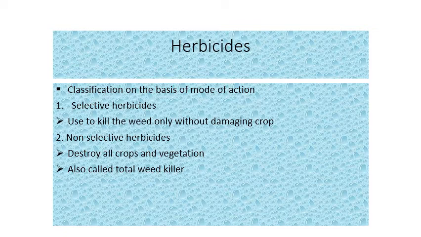The first one has two types, selective and non-selective. Selective herbicides are used to kill weeds only without damaging the crop, and non-selective herbicides also destroy all crops and vegetation, and a total weed killer is also called a non-selective herbicide.